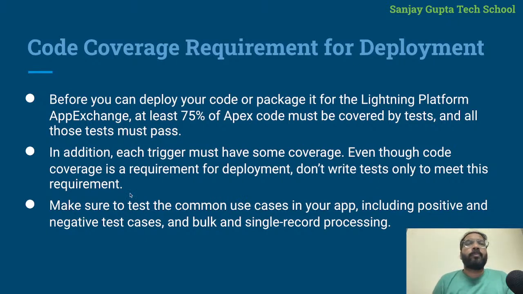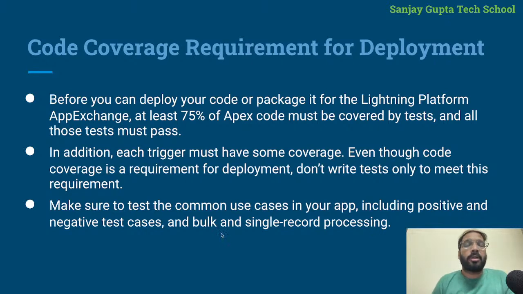So don't think you are writing test classes for deployment purposes only. You need to keep in mind that you are writing test classes so that you can validate your Apex code appropriately, whether it is working fine or not. And make sure to test the common use cases in your app, including positive and negative test cases and bulk and single record processing. This I already told you.